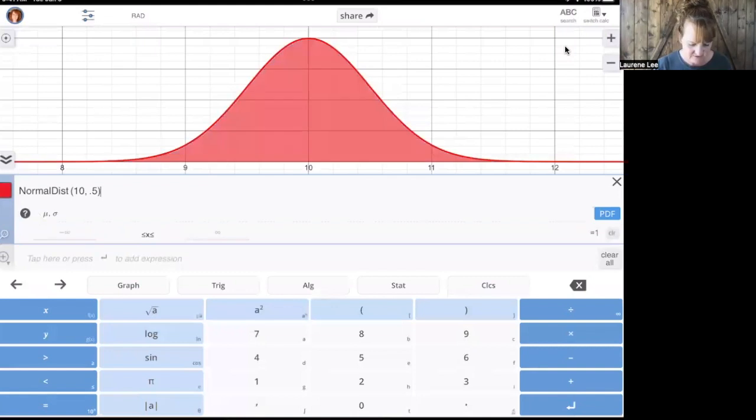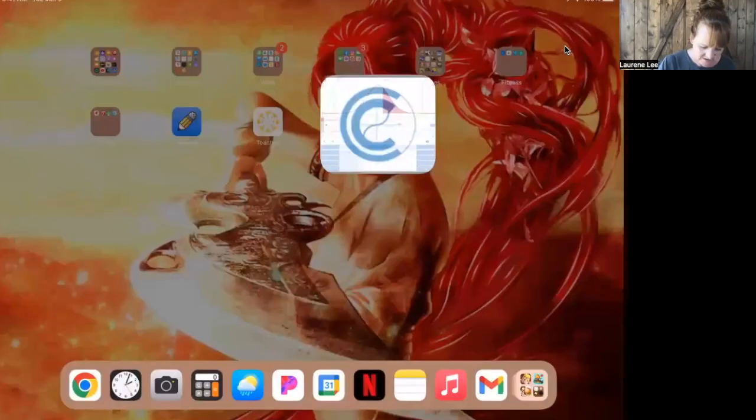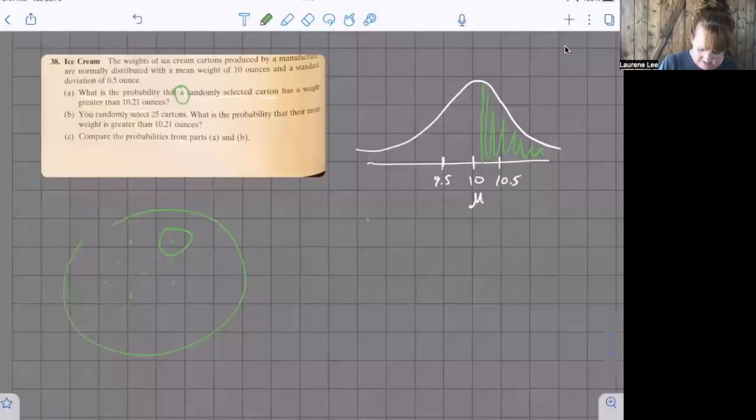So CDF, that's the whole picture colored in, but I don't want that. I want 10.21 on up to the top. So what's that probability? That's going to be 0.337. So we can say that there is a 0.337, or almost 34%, chance that you randomly select a carton that weighs greater than 10.21.